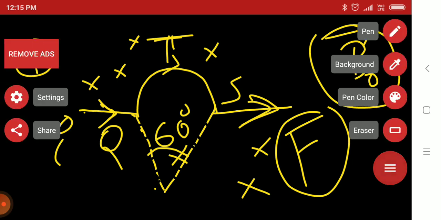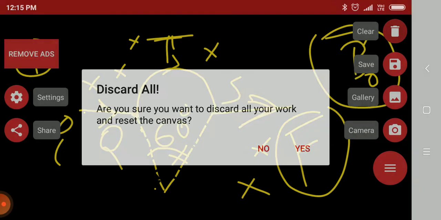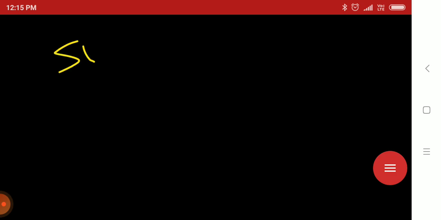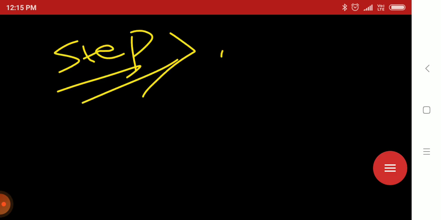So first of all, what should I do to solve this kind of question? Step 1. The first step to solve this kind of question is applying the law F equals BIL, but here vector quantities are there.